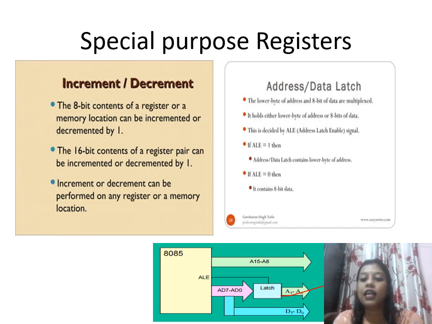That is, AD0 to AD7 will carry the lower order address, and A8 to A15 will carry the higher order address byte. But if the value of ALE is 0, AD0 to AD7 becomes your data bus and carries data bytes, and the higher order lines will carry the address only.